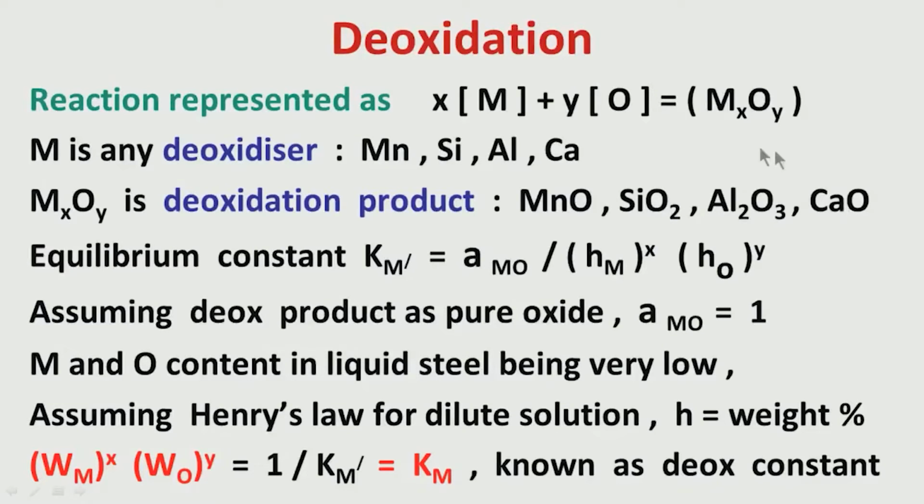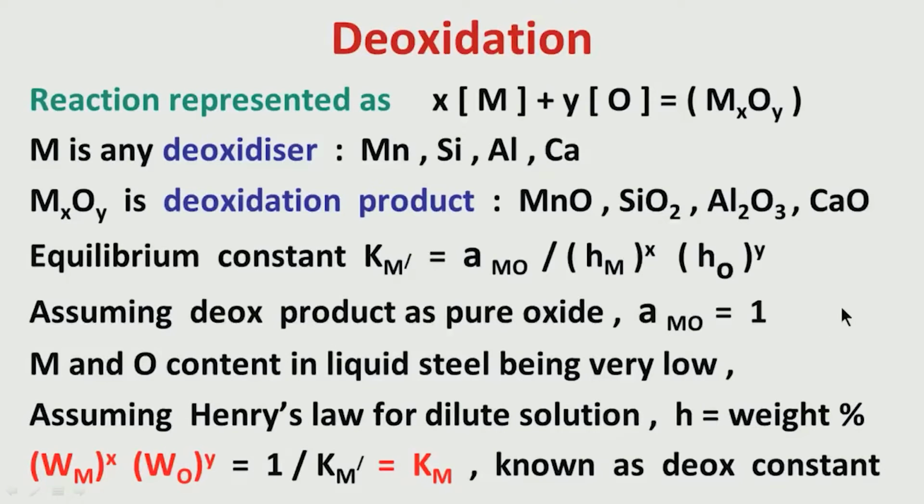Now, if you look at this reaction, the deoxidation product, if you assume that it is a pure oxide, say alumina, when it is forming, it is not reacting with anything, that means it is pure alumina in liquid steel, and finally it will go to the slag.